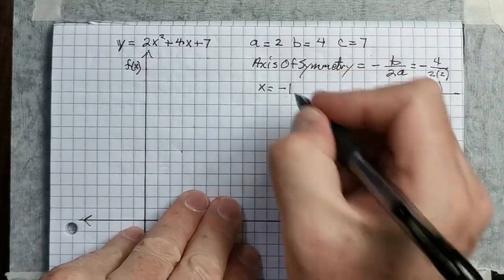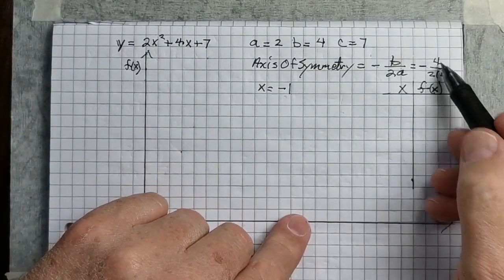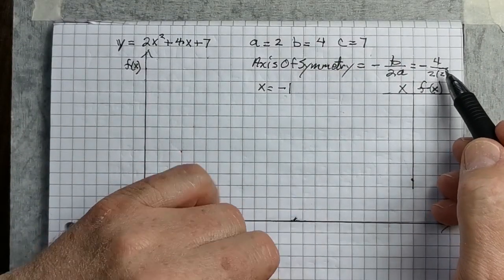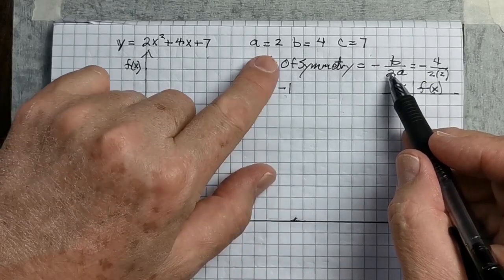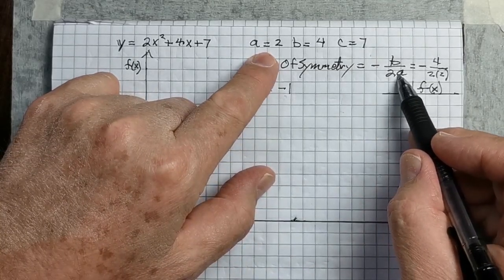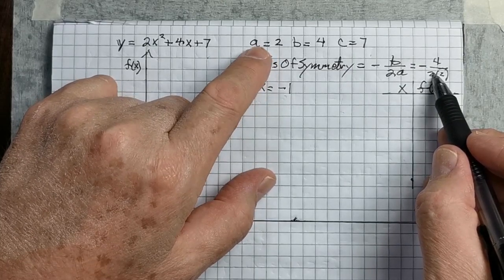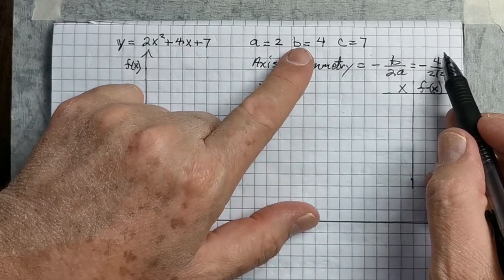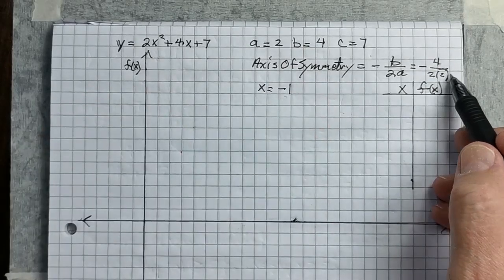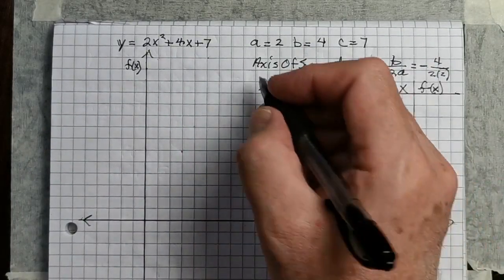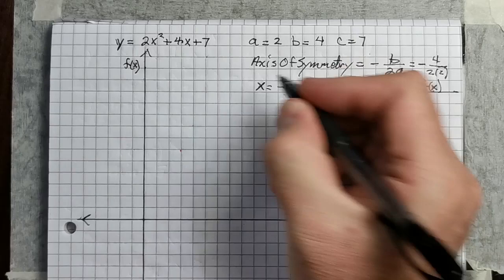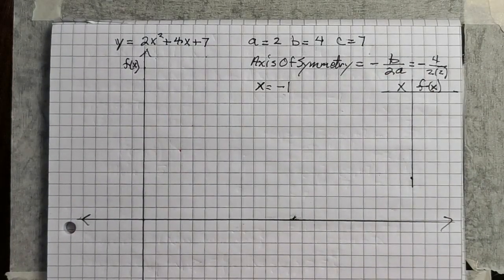X equals minus 1, axis of symmetry. 4 divided by 2 times 2, right? 2a, 2a. A is 2. 2 times 2 is 4. B is also 4. So 4 divided by 4 is 1, and then there's the minus sign in front. X equals minus 1. Now that's an interesting thing.